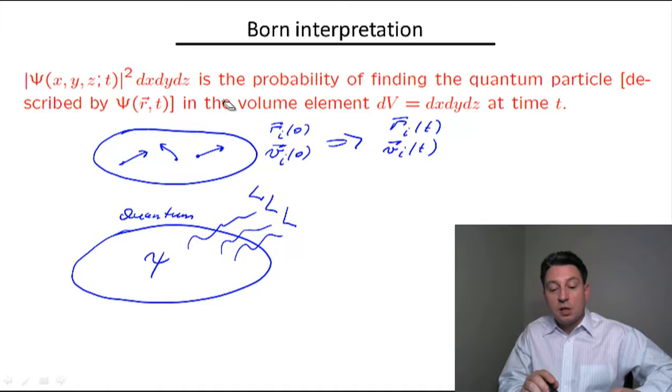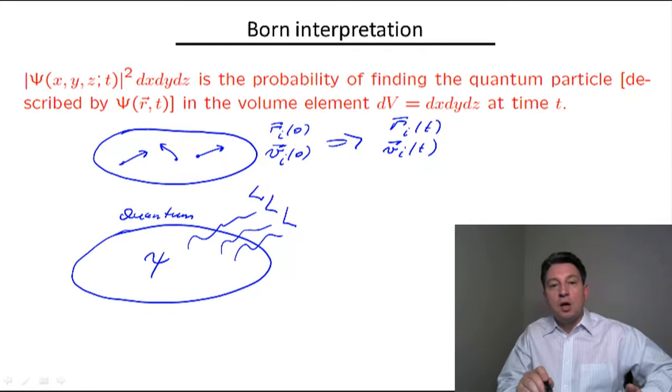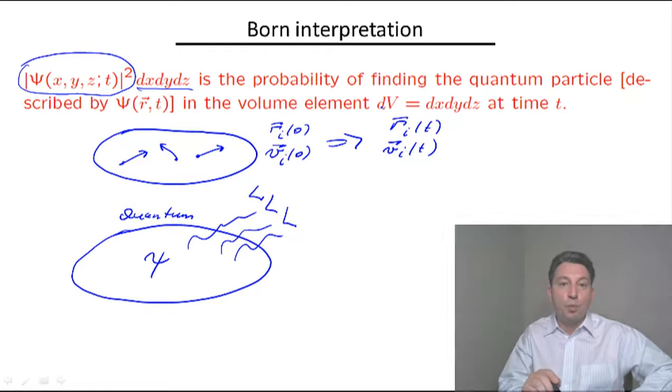He proposed, and afterwards it was confirmed by comparing with experimental data, that the absolute value squared of the wave function evaluated at a certain position in space and at a certain moment of time gives the probability density of finding a quantum particle described by this wave function at this position and at this moment of time t. The probability itself is going to be the absolute value of psi squared times the elementary volume in the vicinity of a certain point.